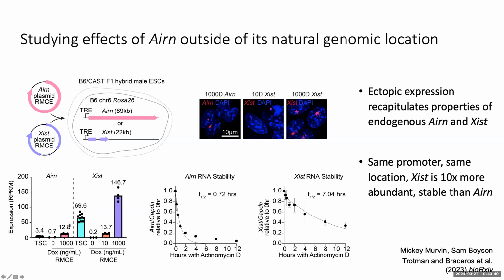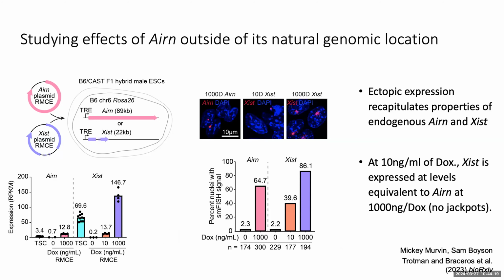So comparing the levels of Air induced from ROSA26 to those of Xist induced from the same locus, we see that Air is about 12 times less abundant than Xist, and it's about 10 times less stable. And because we're expressing these RNAs from the same location in the genome, we can conclude that these differences are inherent to the lncRNAs themselves and not features of their endogenous genomic environment.